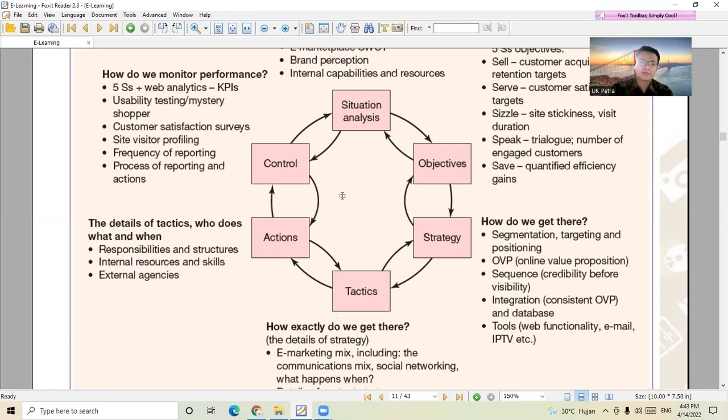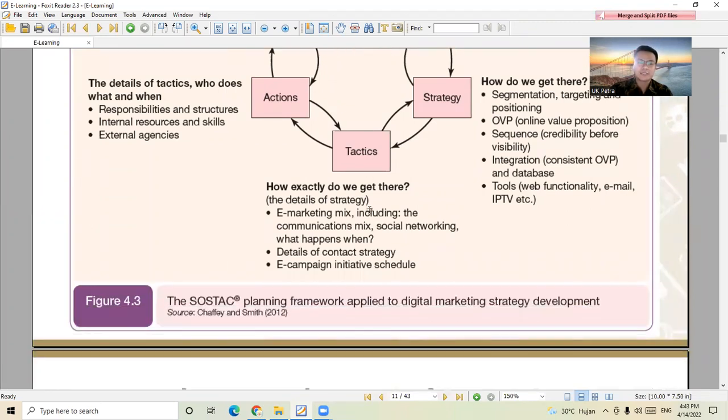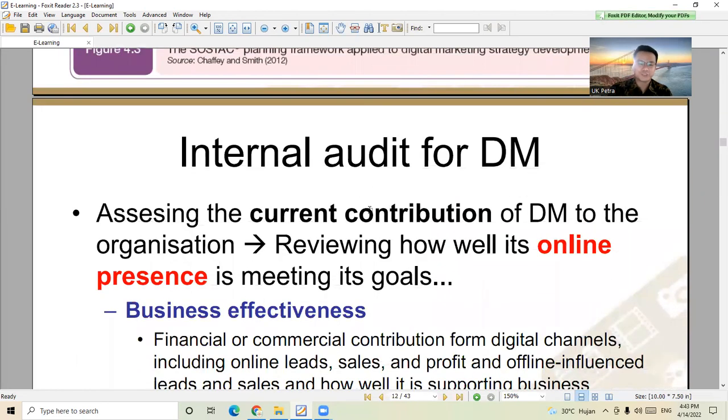We can use this as a good reference to make a better digital marketing strategy, at least for our own business. If we want to make our own digital marketing strategy, we can consider this SOSTAC framework as the guideline to make a proper strategy.